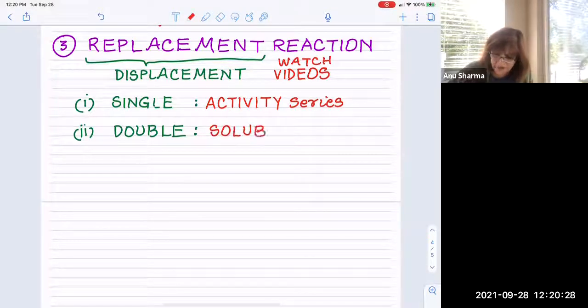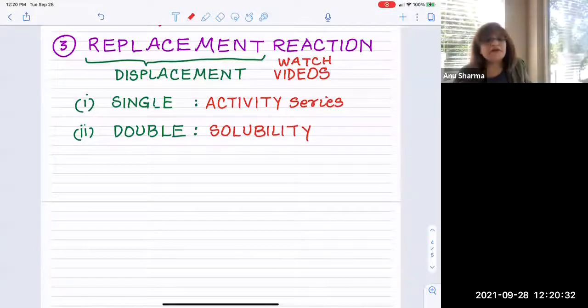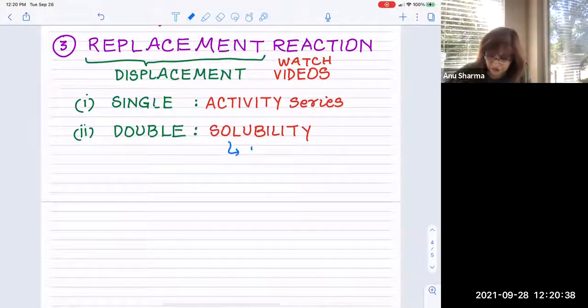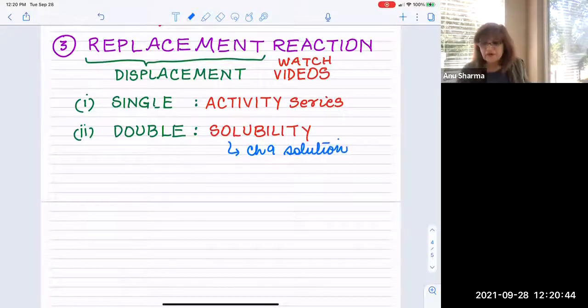Solubility we will cover in chapter 9 on solutions, so we will cover it there.